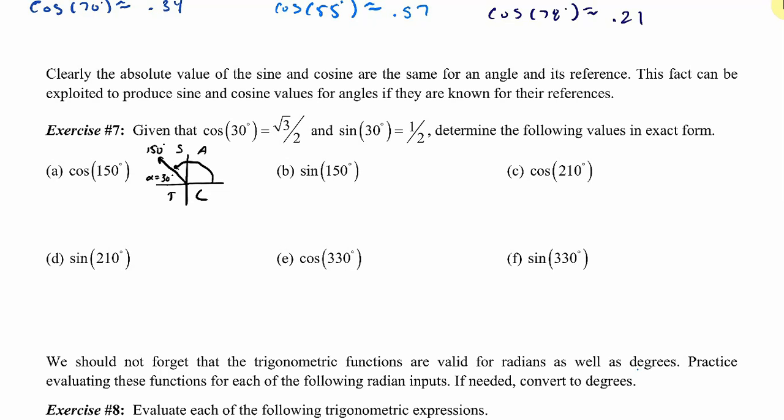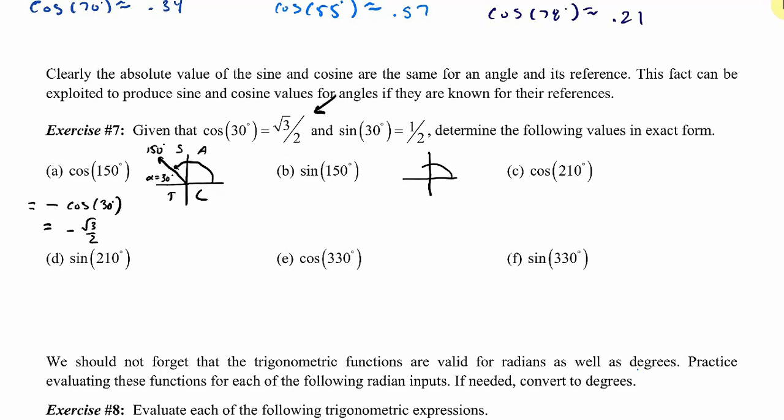I just need to account for the sign in the second quadrant. Well, in the second quadrant, cosine's negative. So cos 150 equals the cosine of 30, but it's going to be negative cosine of 30. And now cosine of 30 right here, radical 3 over 2, so we get negative radical 3 over 2. That's that.